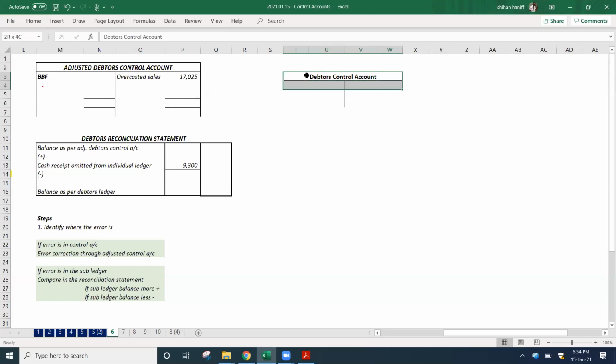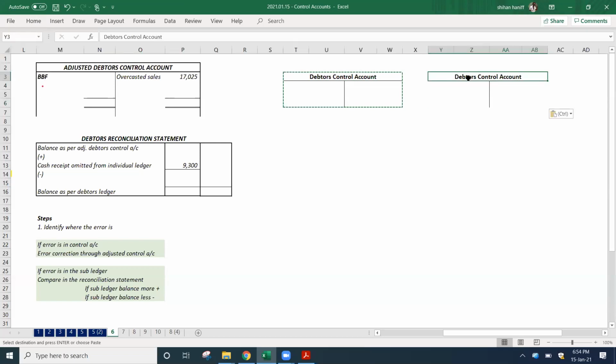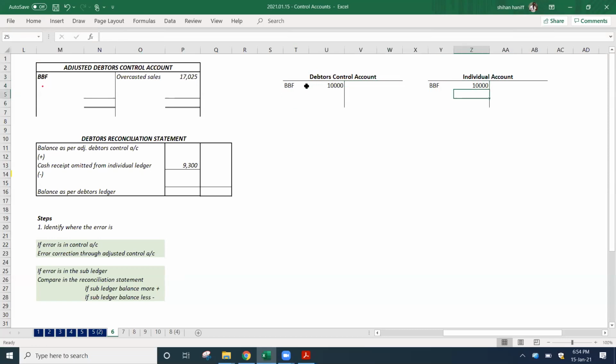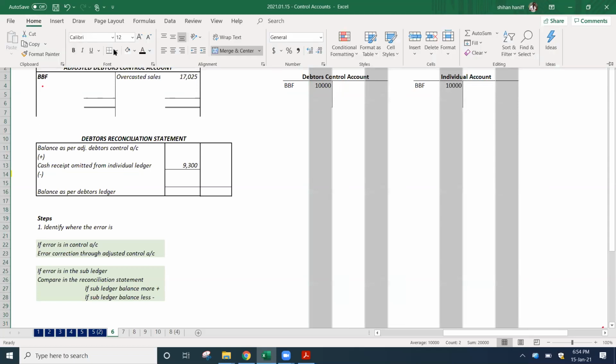Okay. And let me draw another account. This is individual account. Right. Okay, so let's assume that both the balances are 10,000.